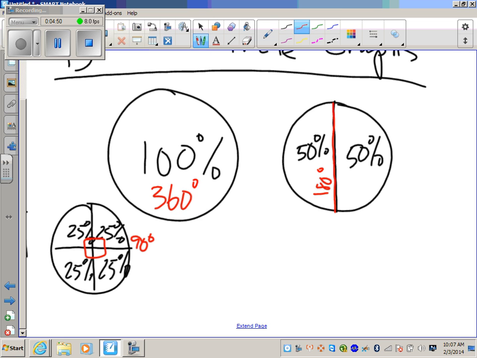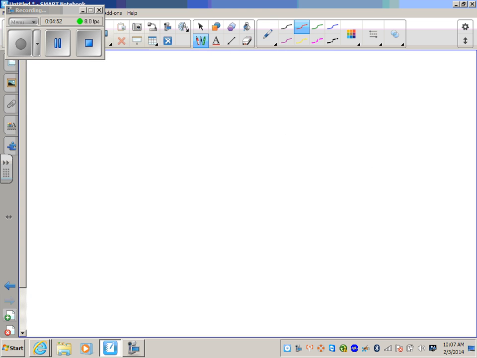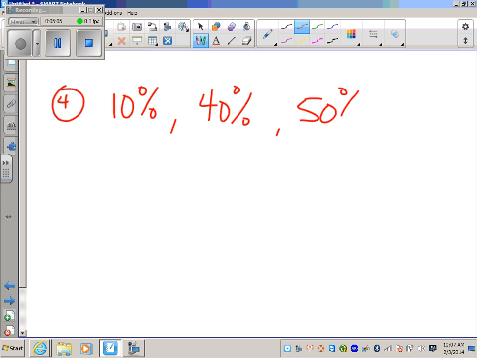Now, let's take a look at number 4. I'll write it up here for those of you that don't have a book. Okay. Says to make your own circle graph representing these three values.